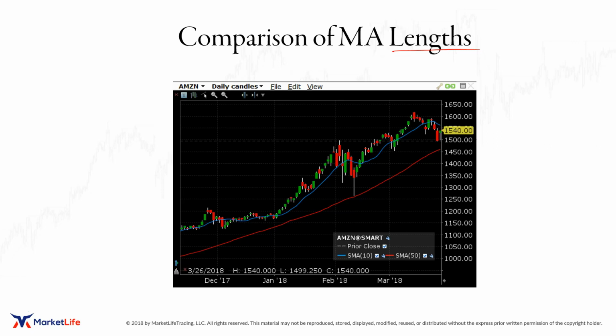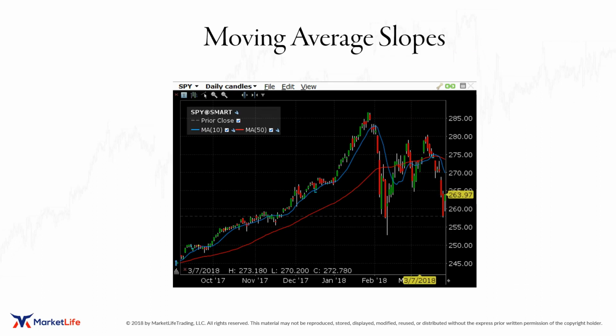When the direction of price changes, the moving average changes very quickly. Look at this point on the chart where price turns down, and you can see the blue line turns down also, while the longer 50-period moving average seems to not even know that this change has happened in price. So different periods of moving averages will be closer or further away from price and will respond faster or slower.